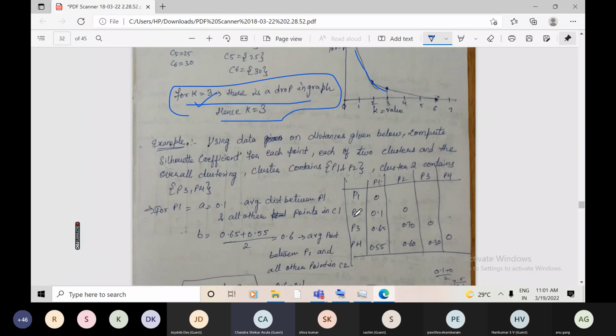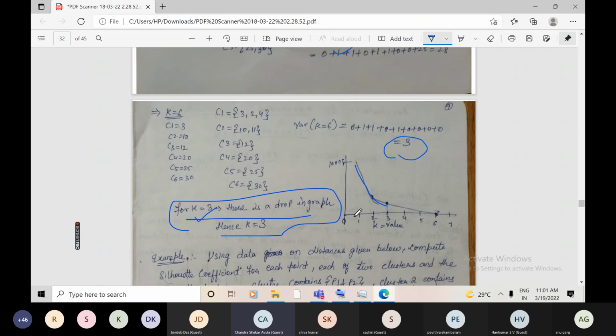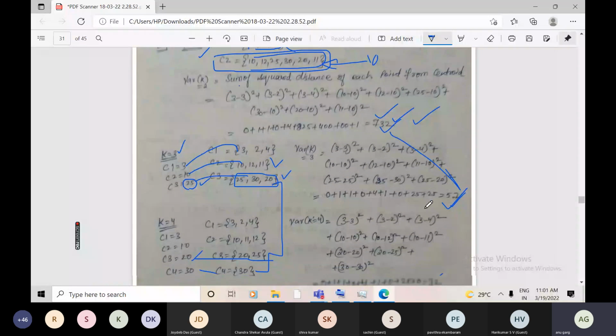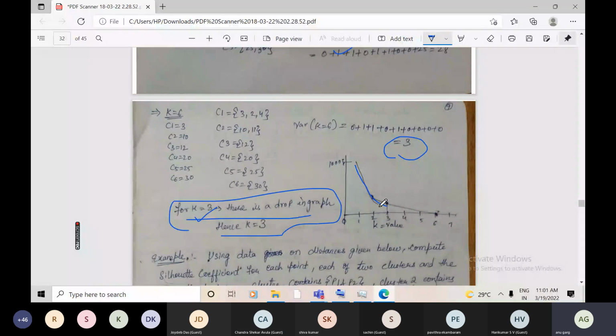But just a question on the drop: why not 2 and why 3? If you see K equal to 2, the value is 732, and after 732 the value comes very low at K equal to 3. Actually, the graph is a little wrong.